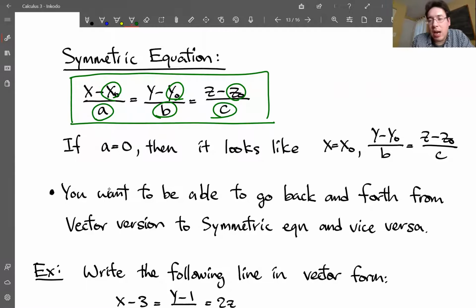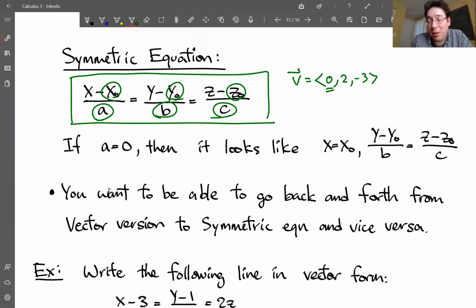Okay. There's one caveat: it might look really different when one of the components of this directional vector happens to be 0. So let's say a directional vector looks like 0, 2, -3. So one of the components is 0 here.